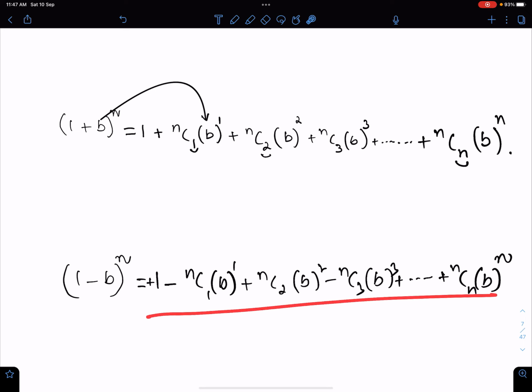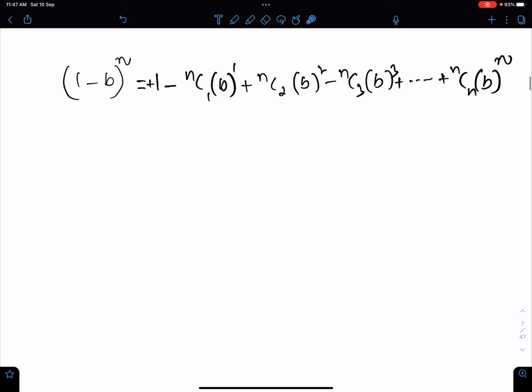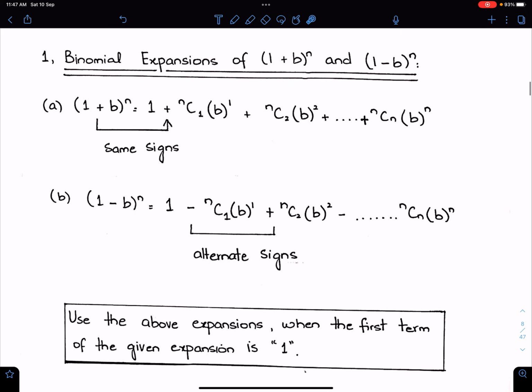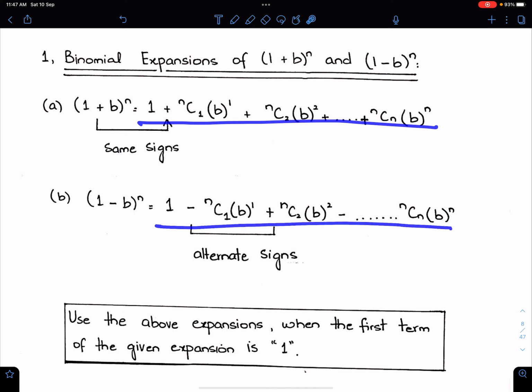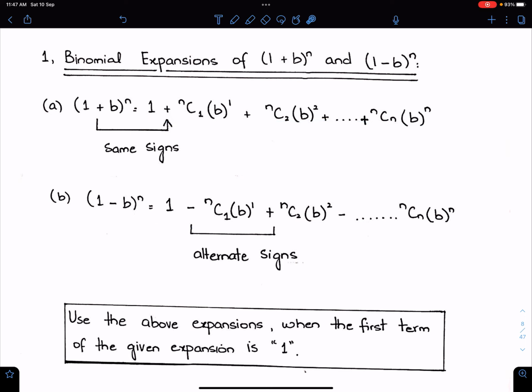So this is the way to expand binomial expansions of this type. So we have discussed these two results. So use these two theorems when the first term of the given expansion is 1.